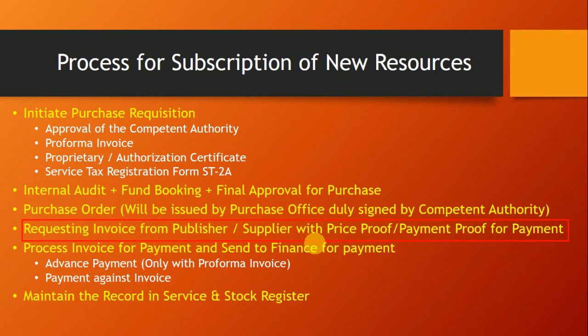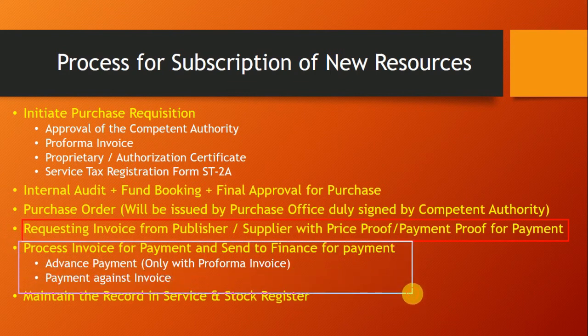If the publisher is not involved directly with the institute, and there is a supplier or mediator in between, the supplier is asked to provide the price proof or the payment proof for payment. Based on that, the invoice is processed and sent to the finance department.